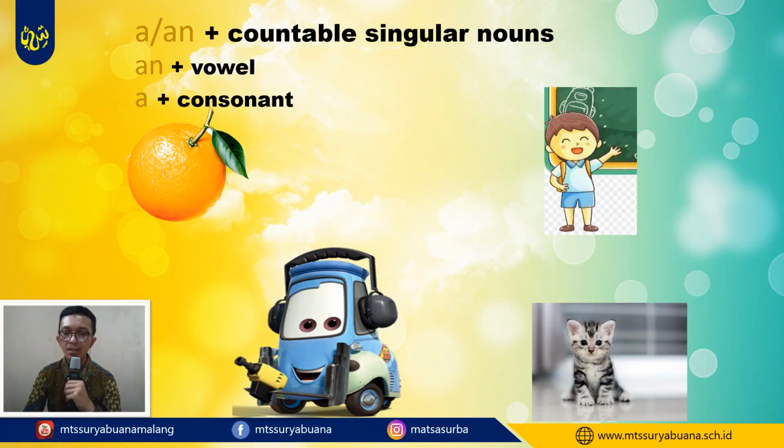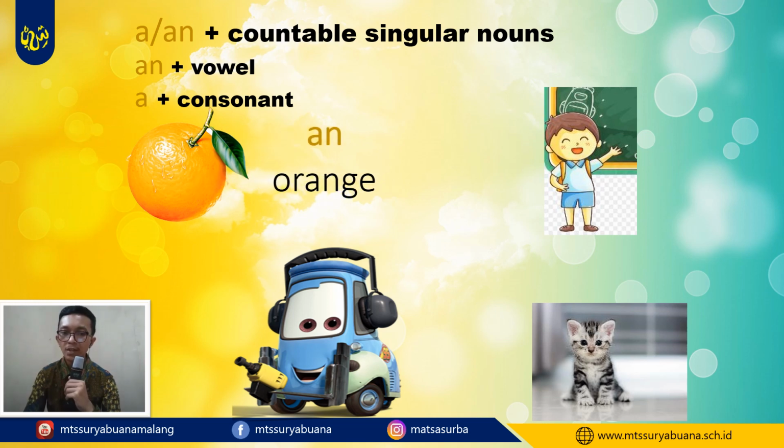Okay, I will give you a more detailed explanation about how to use a or an. We use a or an plus countable singular nouns. An plus a vowel and then a plus a consonant.